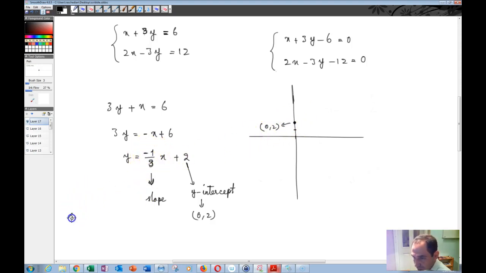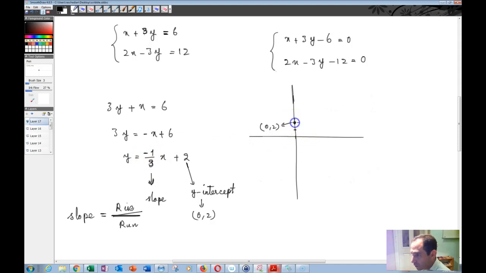I'm sure you already know this, I have already talked about this. The slope is the rise over run, meaning for a unit horizontal change, how much vertical change you have in the line. So basically what we have here is that for 3 units of horizontal change, we have -1 units of vertical change. So this is my run, 3 horizontal units.